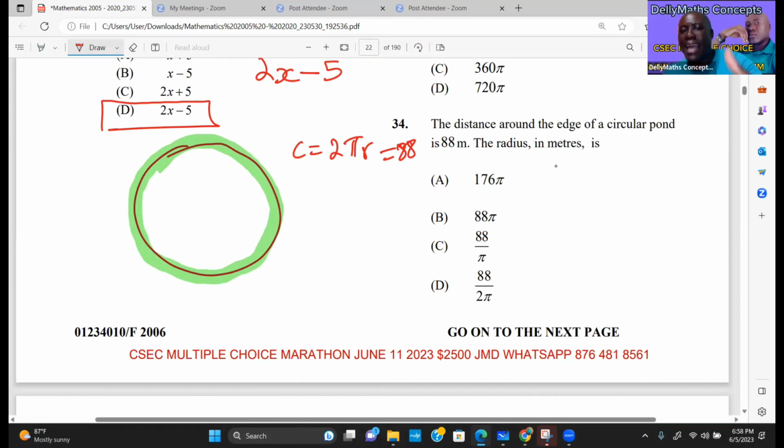So I'm going to take the idea that 2 pi r is 88. I am looking for r, so I could divide by 2 pi. Divide by 2 pi. r is simply 88 over 2 pi. There you go.